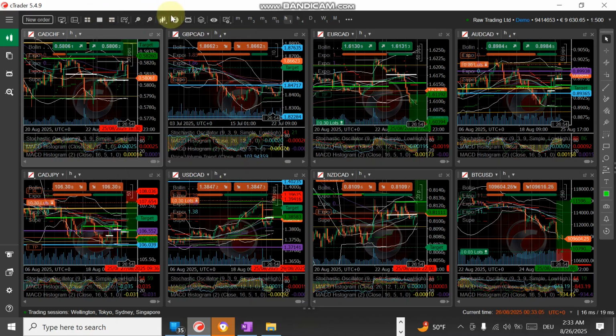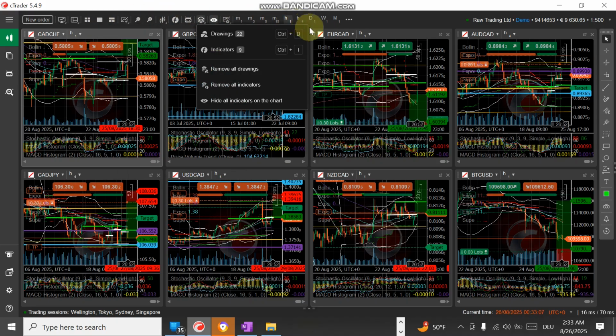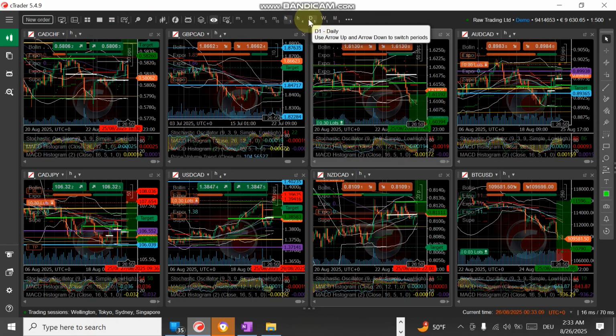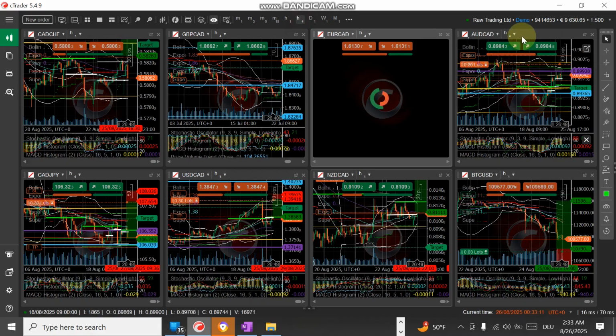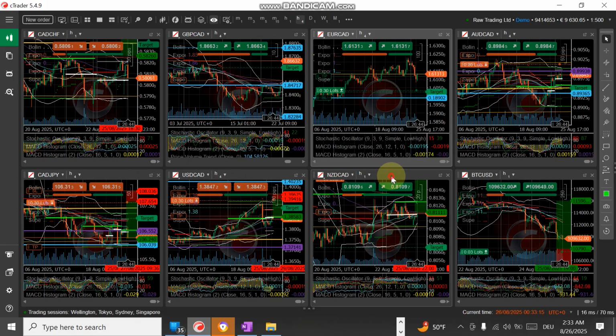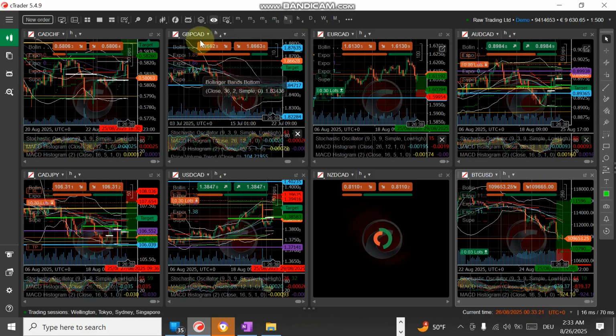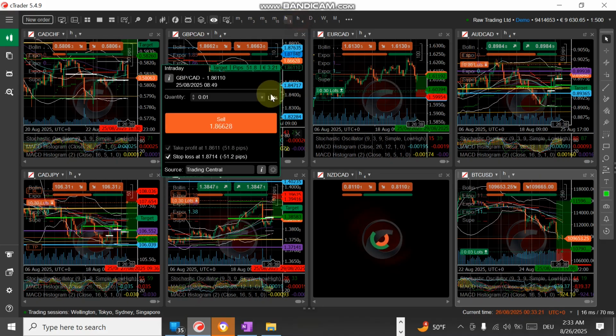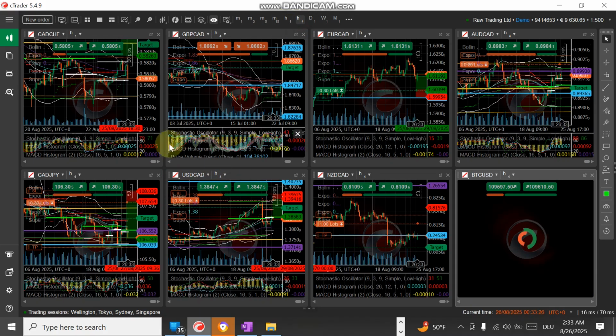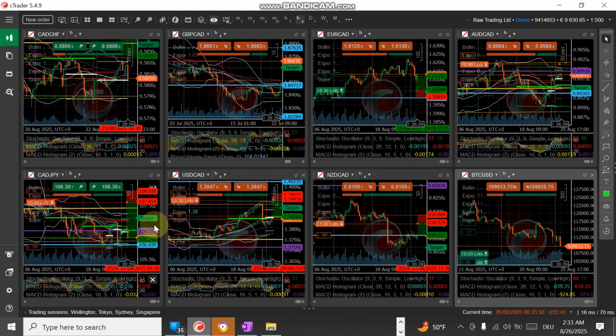I need to put everything in 4 hour sequence, otherwise it's confusing, because the chart needs to be synchronized. A good sequence takes time. Patience. I know it's a lot of work, but I'm trying to make it easier for me.